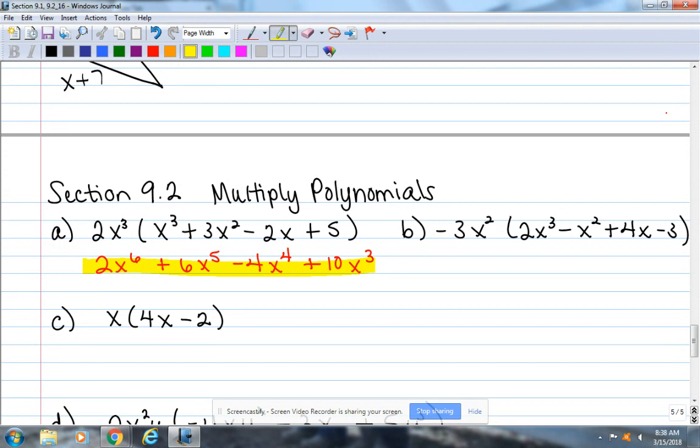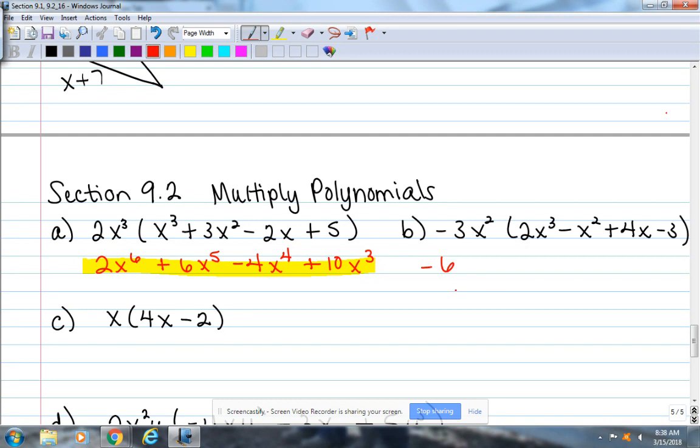All right, look at B. What are we going to do on B? We're distributing. Yeah. So we're going to multiply negative 3 times all of our numbers and x squared times all my x's. So what's negative 3 times 2? Negative 6.